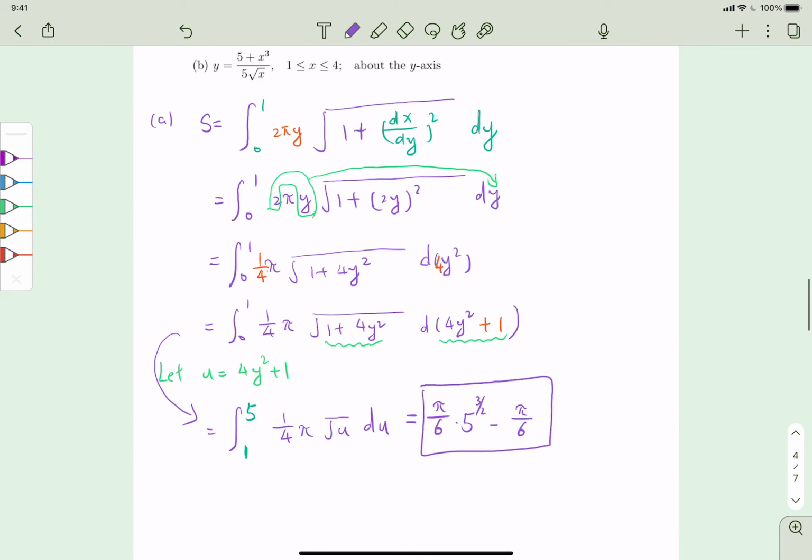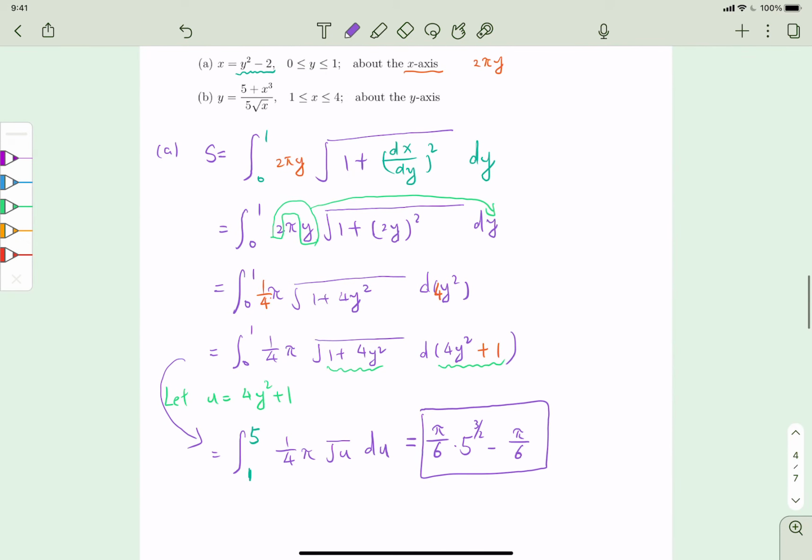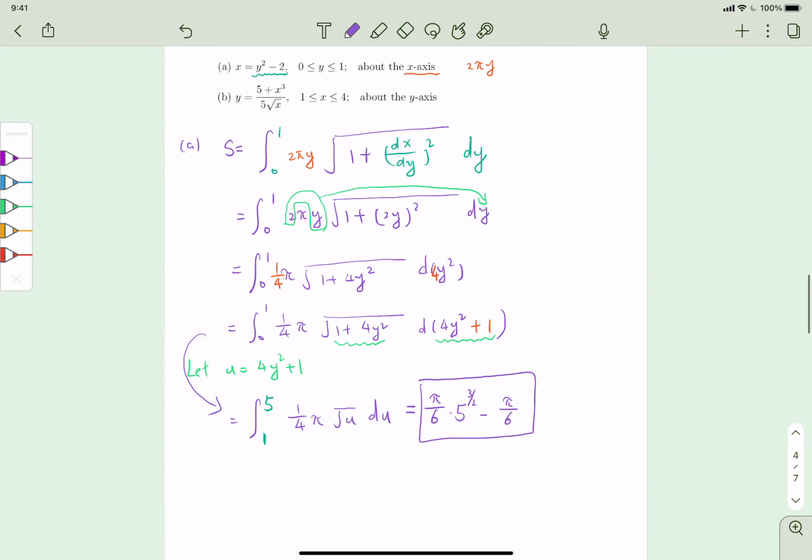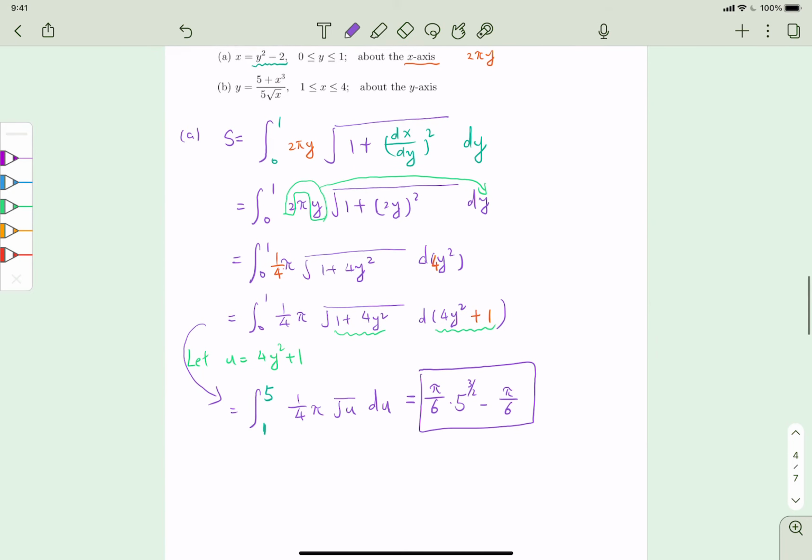So that is our question A. You see that the only difference here is when computing this integration, sometimes we need to apply the substitution. Okay, so the substitution plays a role here.